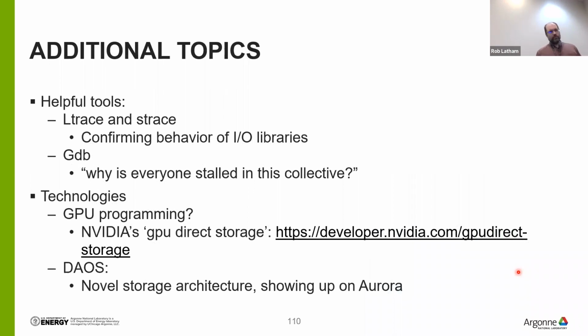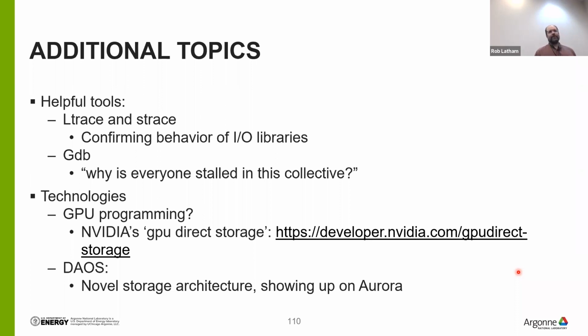If I'm sitting down to an application and I want to figure out why its IO is not very good and Darshan isn't quite doing it, I might even go down to something like ltrace or strace. These routines capture system calls and library calls and report out in a very verbose fashion what the application is doing.